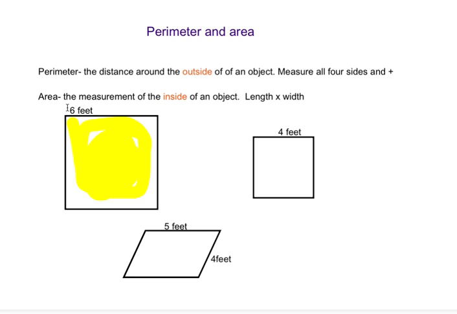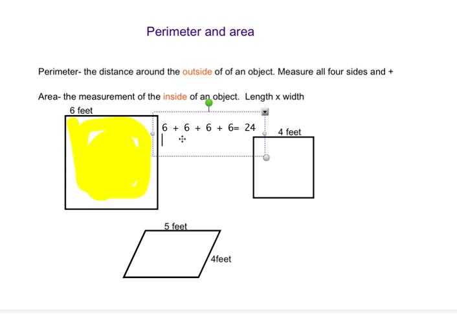If I want to measure the perimeter of this shape right here, I'm going to measure the outside. On a square, every side measures the same length. So I would be doing 6 plus 6 plus 6 plus 6, and I would get 24.